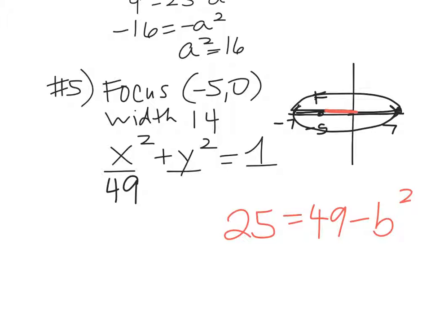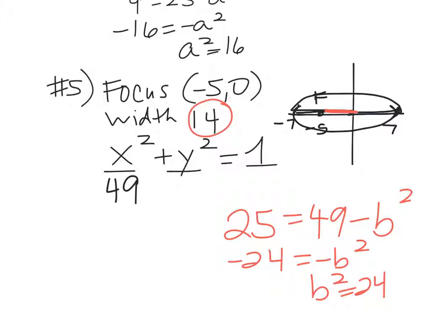Good. The width is 14. So if something has a width of 14 and it's symmetric, it's going to be 7 and 7. And then subtract 49. 24. Perfect. You got it. Then go up here and plug in 24. And that's it.